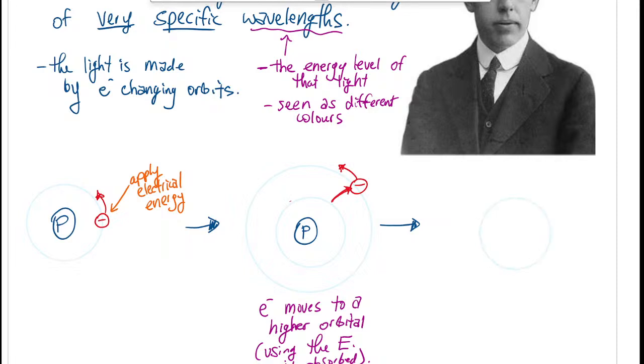We'll have these two orbitals again, and that electron is going to make its way back down to the first orbital. It falls back down, and obviously we still have a proton in the middle. So the electron returns to the ground state, which is to say its normal orbital.